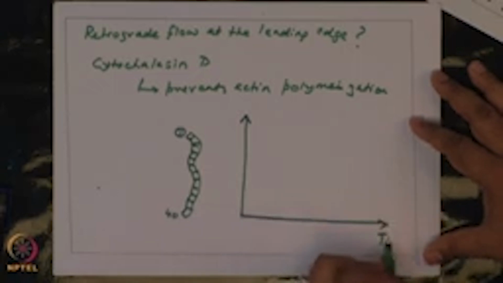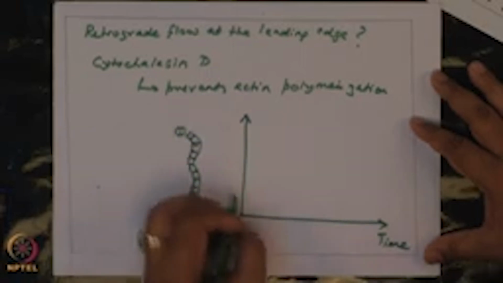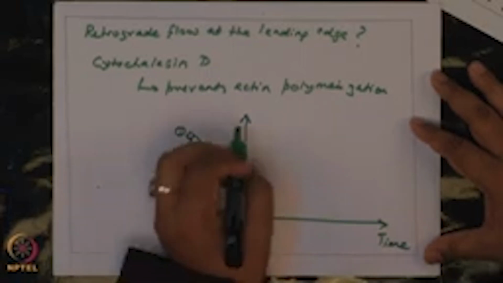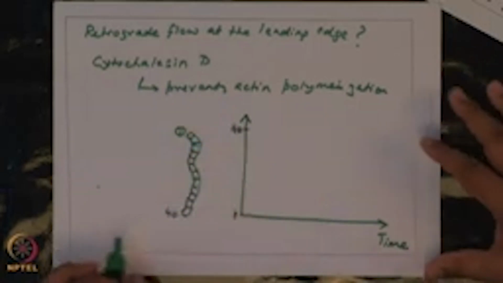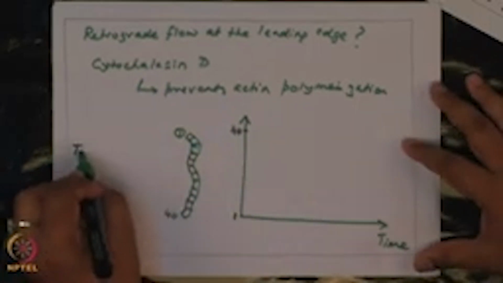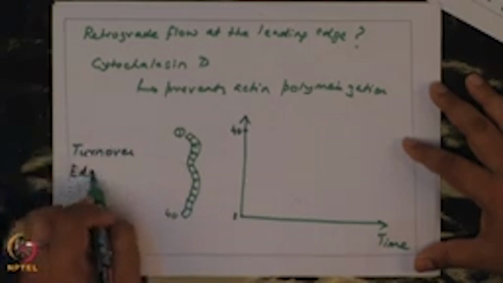This is my time axis, and along the edge, this is position 1 and position 40. Along the edge, you can track the turnover and the edge displacement.